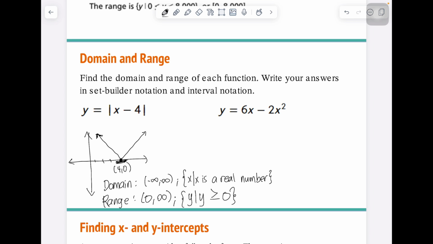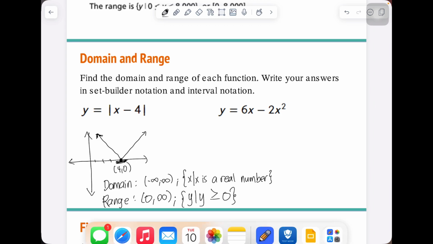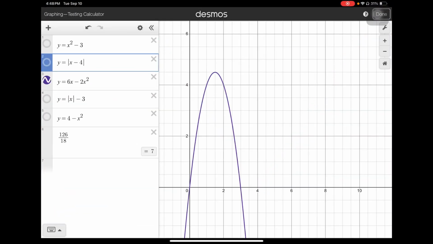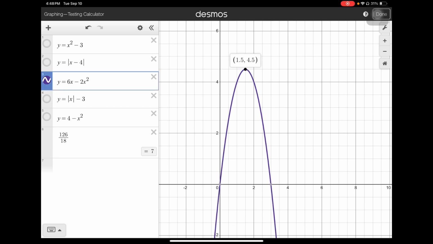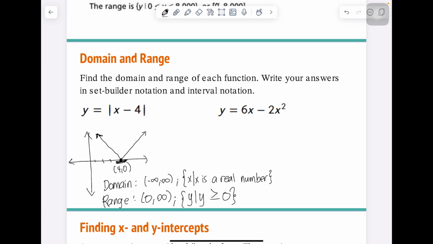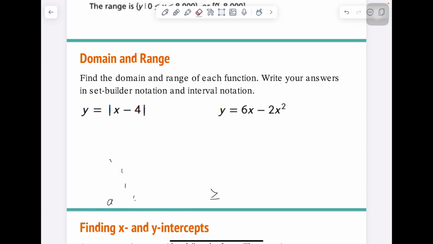Got it? All right. Next, y is equal to 6x minus 2x squared. So this is the graph. It has a vertex at 1.5, 4.5.